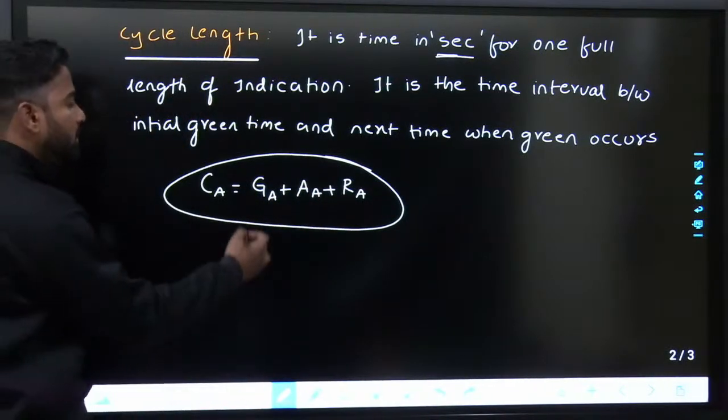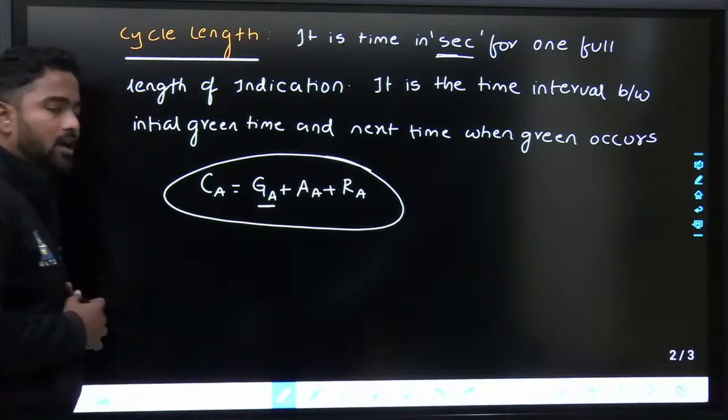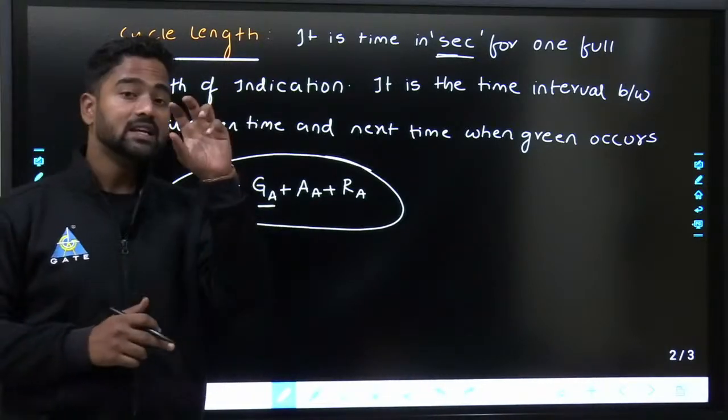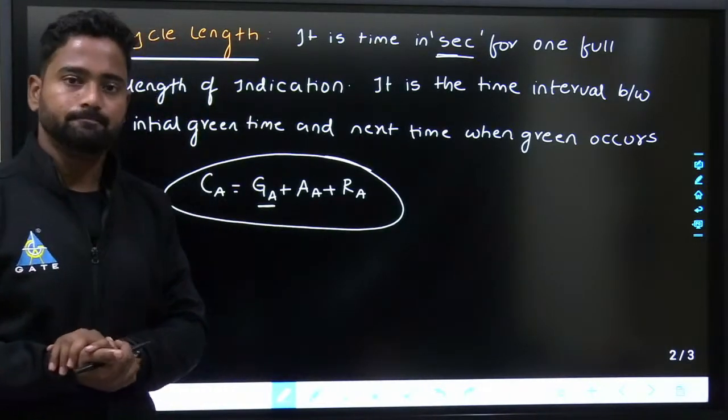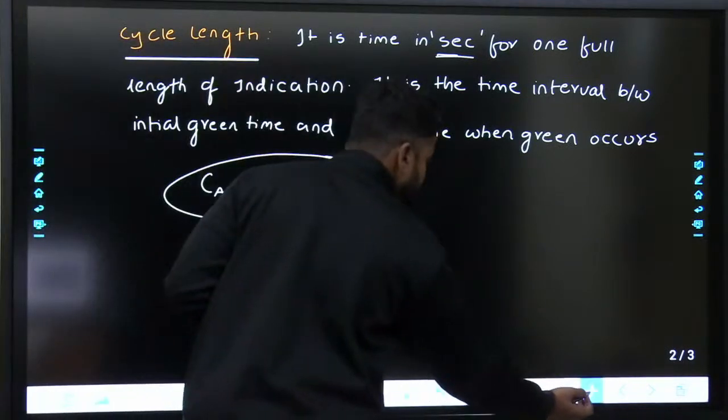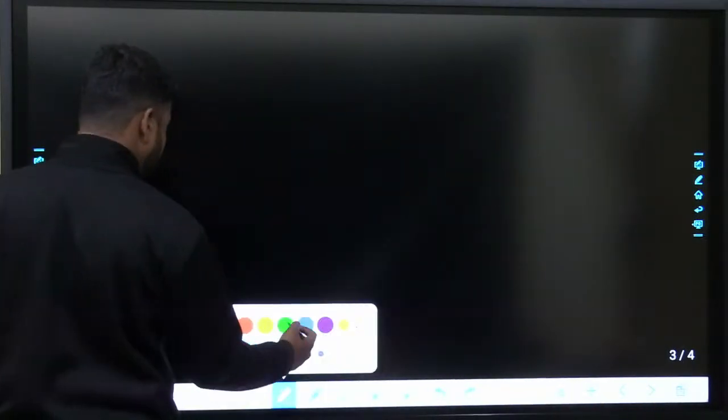Now what is meant by green time? Green time is the time interval for which the signal shows green color. The name itself says green time.